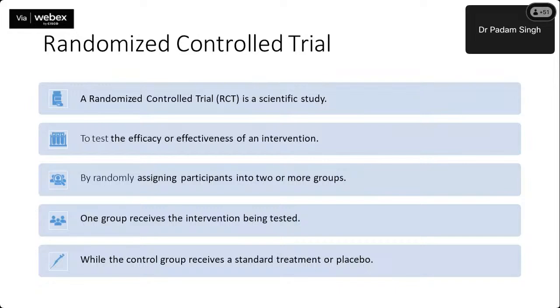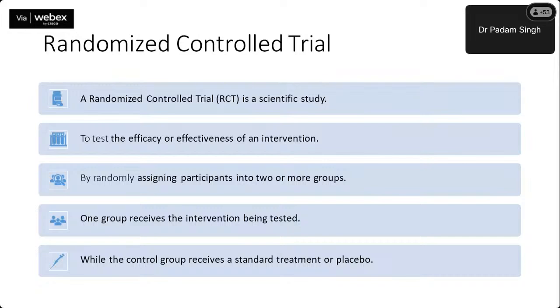Now, as I said, the randomized controlled trial, RCT, is one of the most important experimental studies. So what is this RCT? This is a scientific study, please note, scientific.